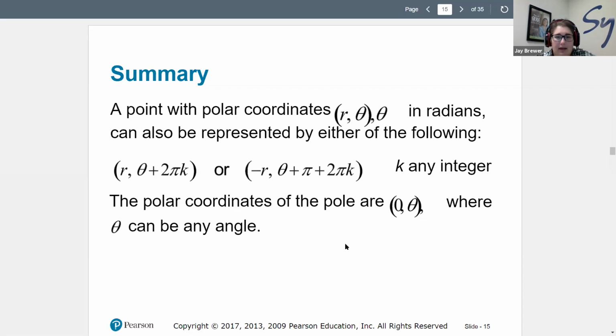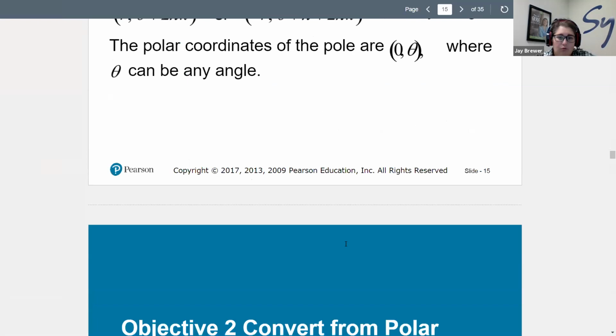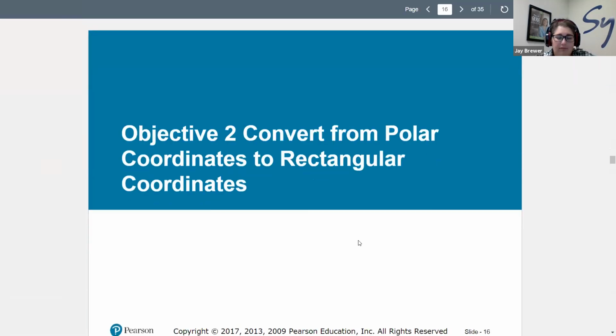That is it in terms of graphing polar coordinates. Now the next thing we're going to look at is converting from polar coordinates to rectangular coordinates.